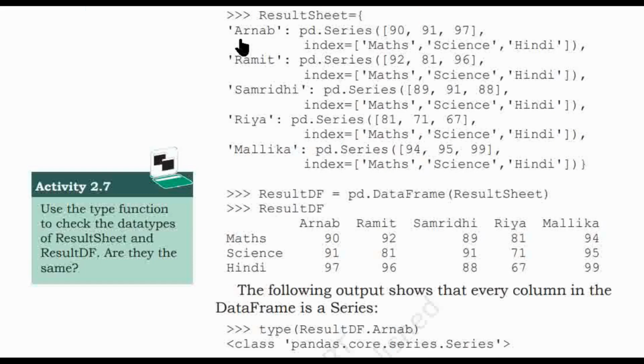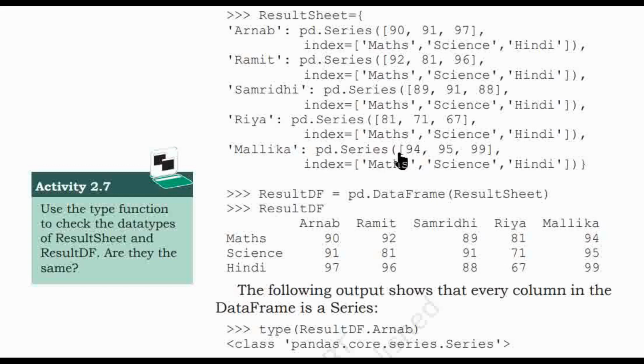resultsheet: Arnab: pd.Series([90, 91, 97], index=[maths, science, Hindi]). Ramit: pd.Series([92, 81, 96], index=[maths, science, Hindi]). Samriddhi: pd.Series([89, 91, 88], index=[maths, science, Hindi]). Riya: pd.Series([81, 71, 67], index=[maths, science, Hindi]).